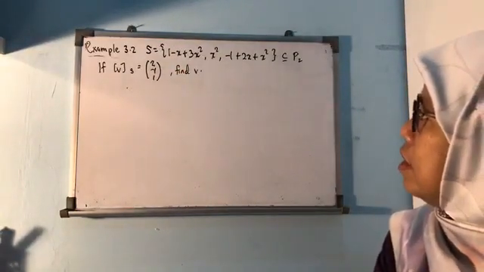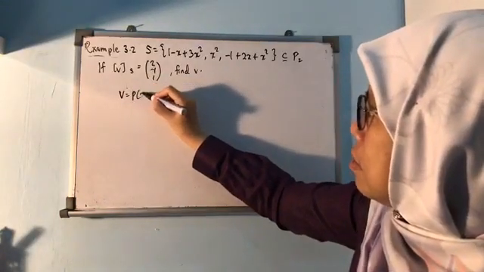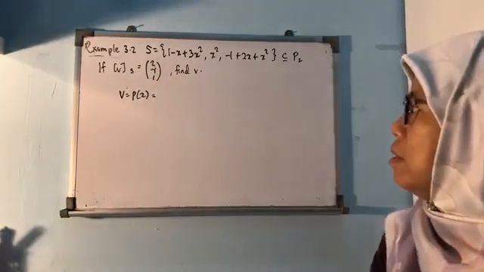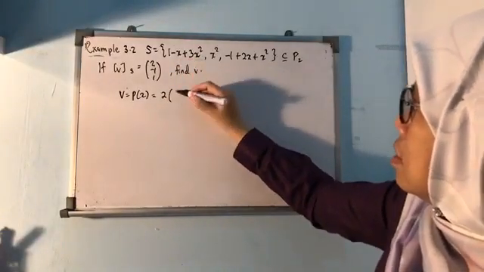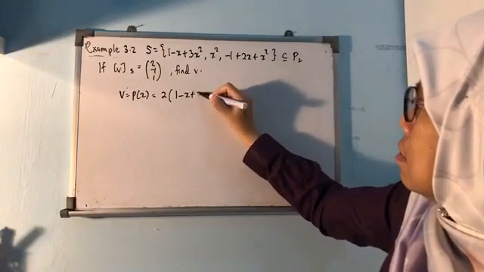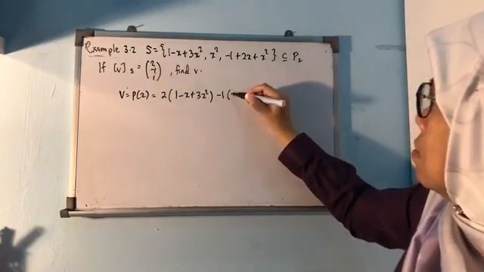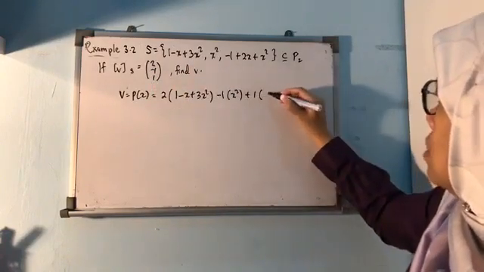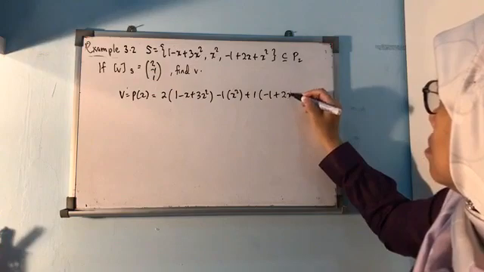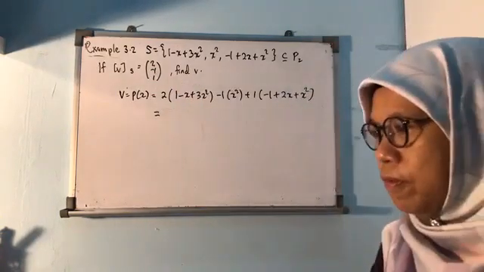Okay, V is actually in terms of polynomial. You have to find what the polynomial is. So this is just 2 times this minus 1 times second one plus 1 times the third one. Then you can solve.